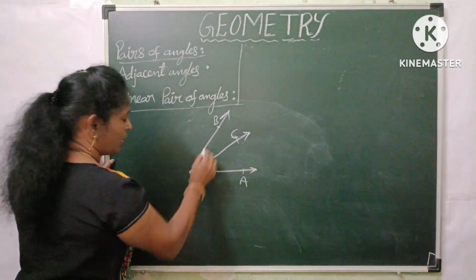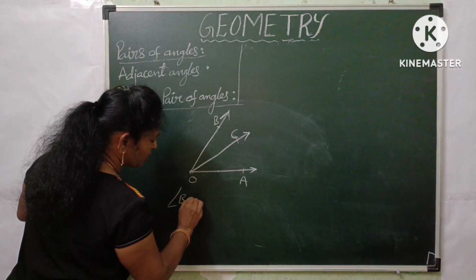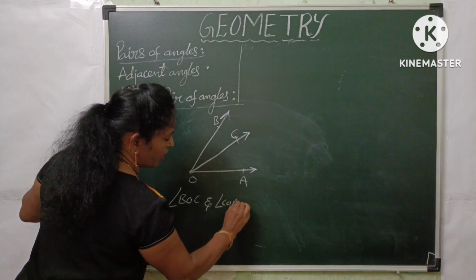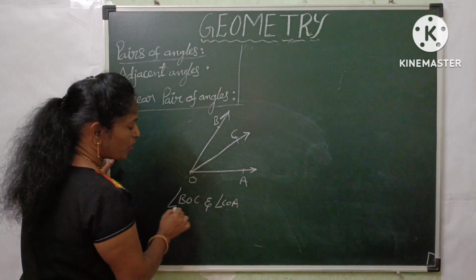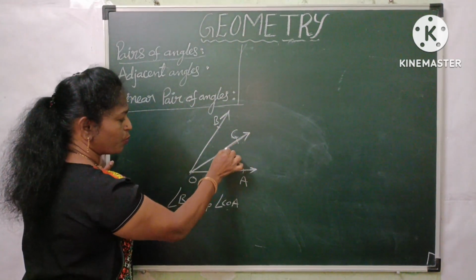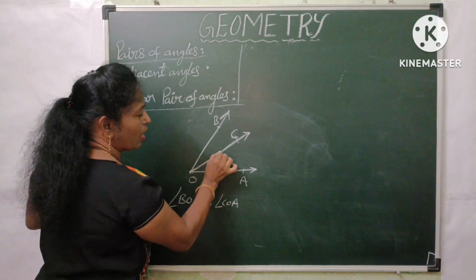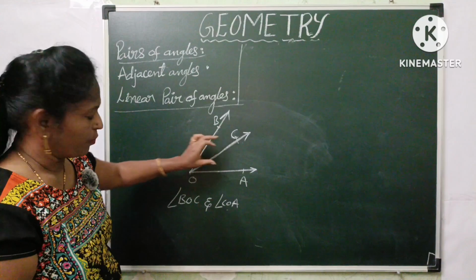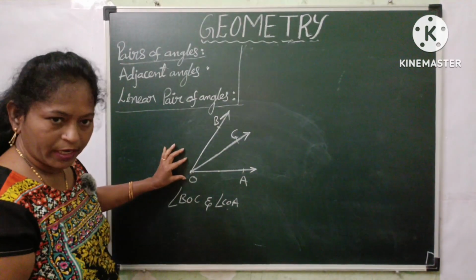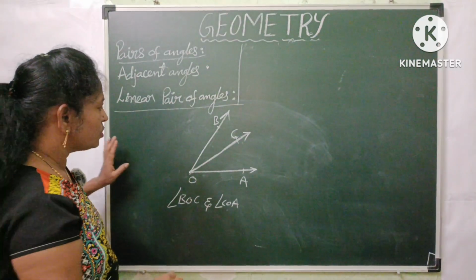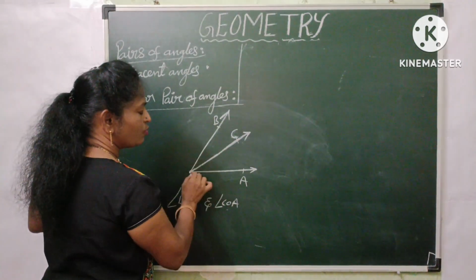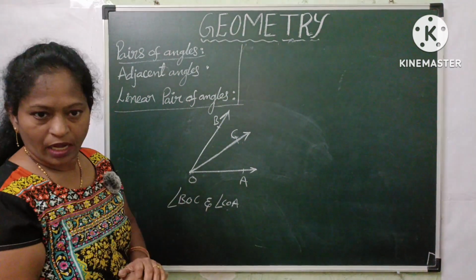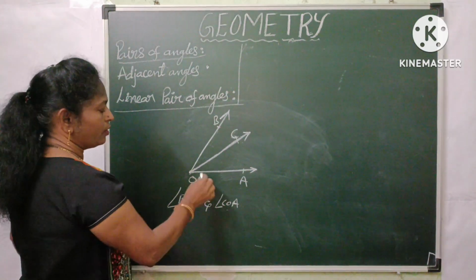Check it: angle BOC and angle COA have the same common point and the same common arm OC. OC is the common arm and O is the common vertex. Yes or no? So BOC and COA are a pair of adjacent angles.